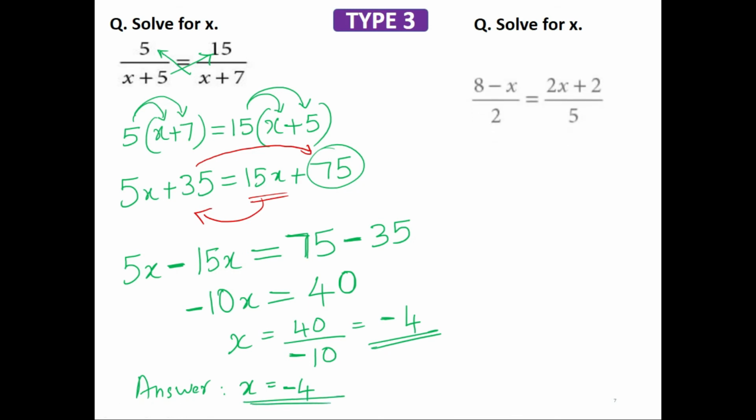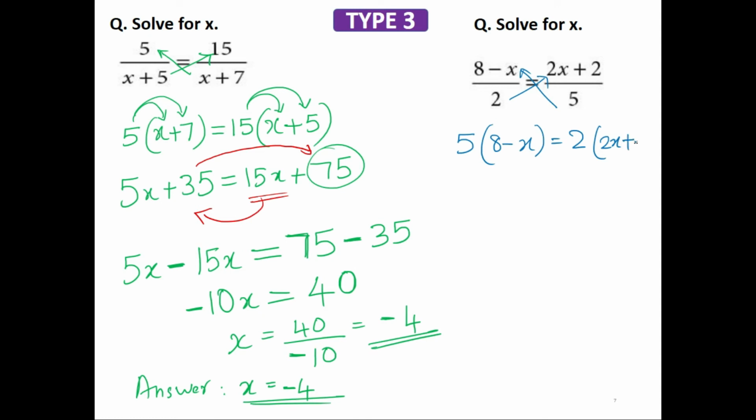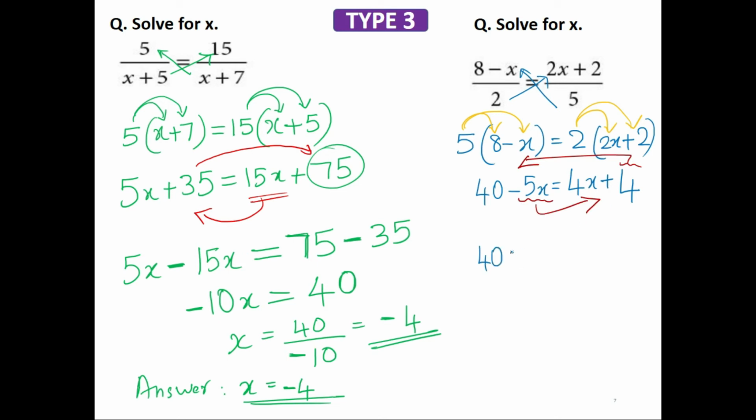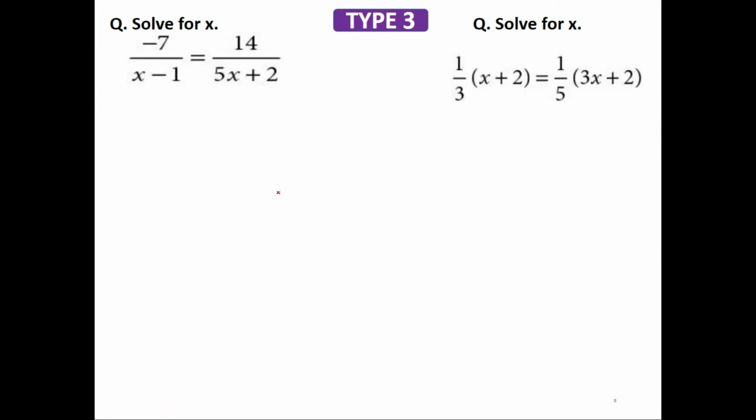Now let me give you another question from type 3. Now from type 3, let me just show you two more questions where even though the question looks like this, it's just the same.